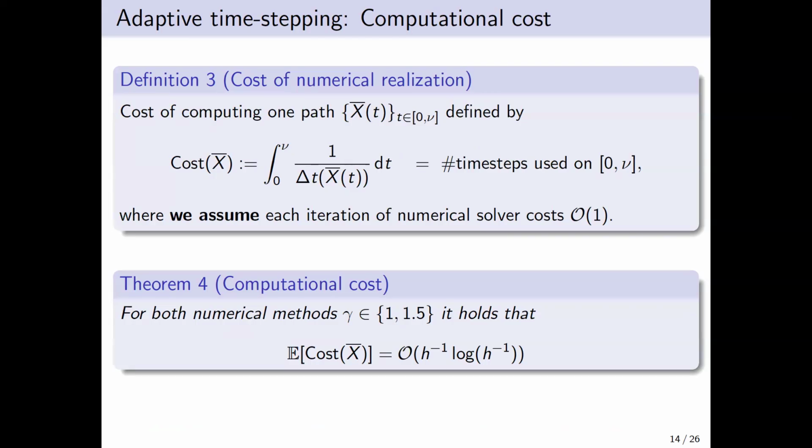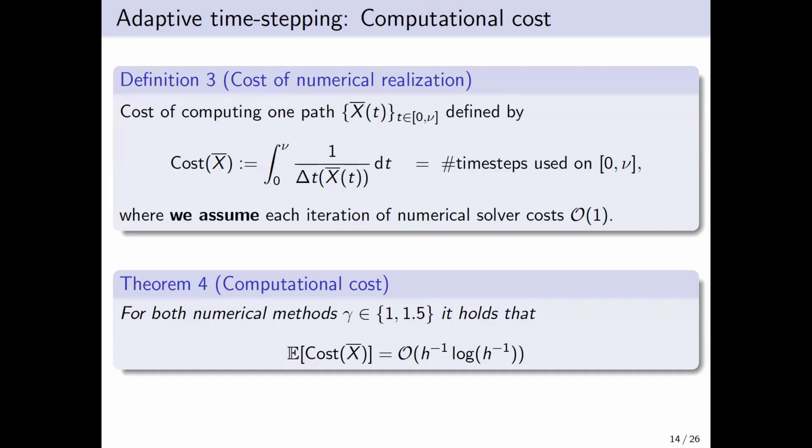So it's either h or h squared. I said before also that each iteration of the numerical solver is something that we assume costs order 1. So if you use the Milstein scheme or some higher order scheme, and we have these off-diagonal Levy areas that we need to compute, then that is outside of the assumptions that we make here. You have to add the computational cost of that as well.